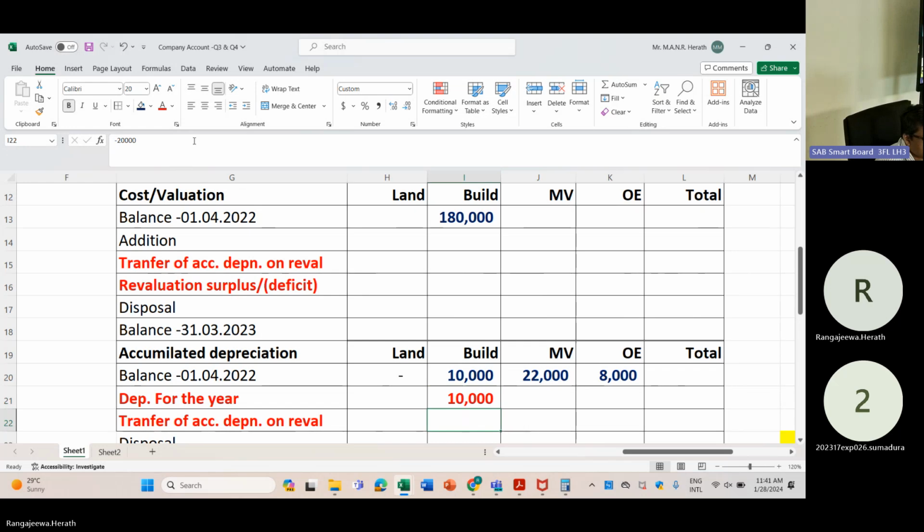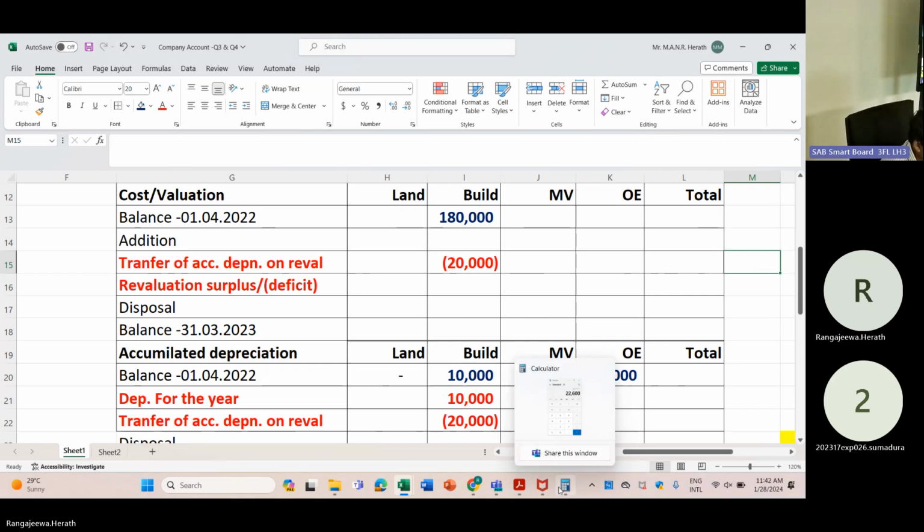Before revaluation, we have to transfer any accumulated depreciation to the asset account: debit accumulated depreciation, credit the asset account. So the carrying value of the asset now decreases to 160.